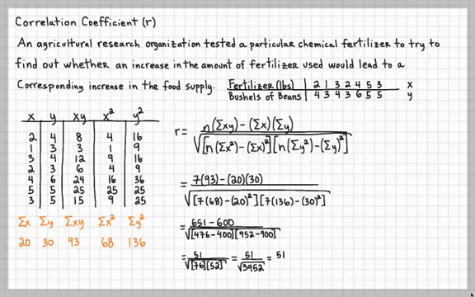Then again, 51 divided by the square root of 3,952. That's going to be 51 divided by 62.8649. And then we do the division and that gives you 0.81, which is a very strong correlation, a strong relationship between x and y.